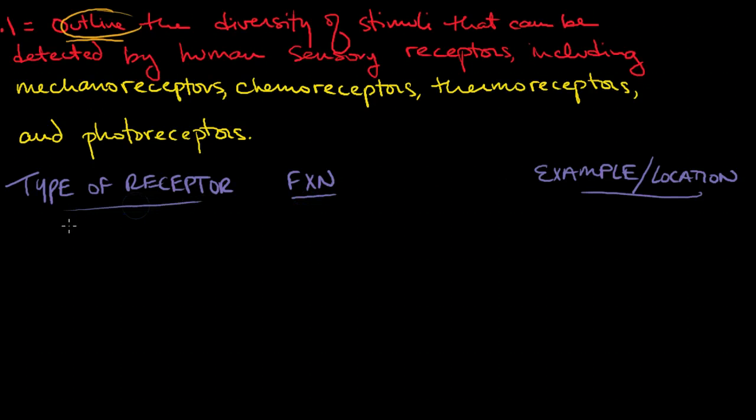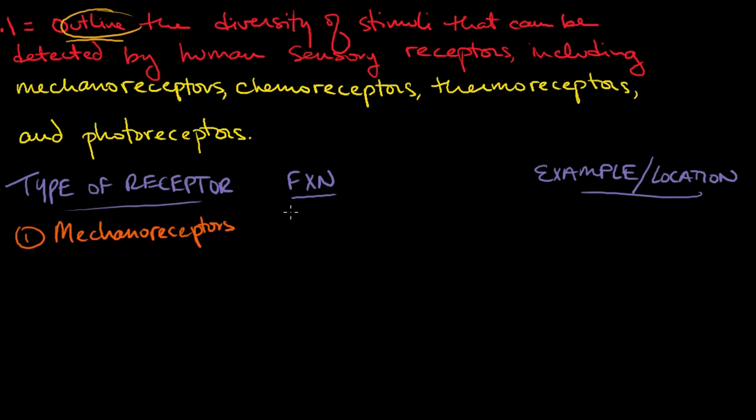Okay, so the first one is the mechanoreceptors. And the function of these mechanoreceptors is to generate nerve impulses when stimulated, which is really the function of all of them.